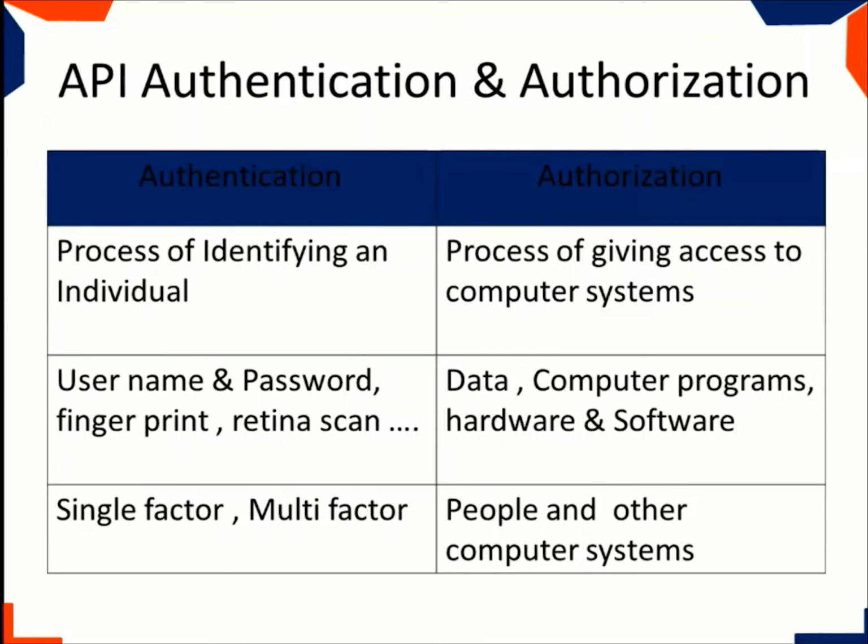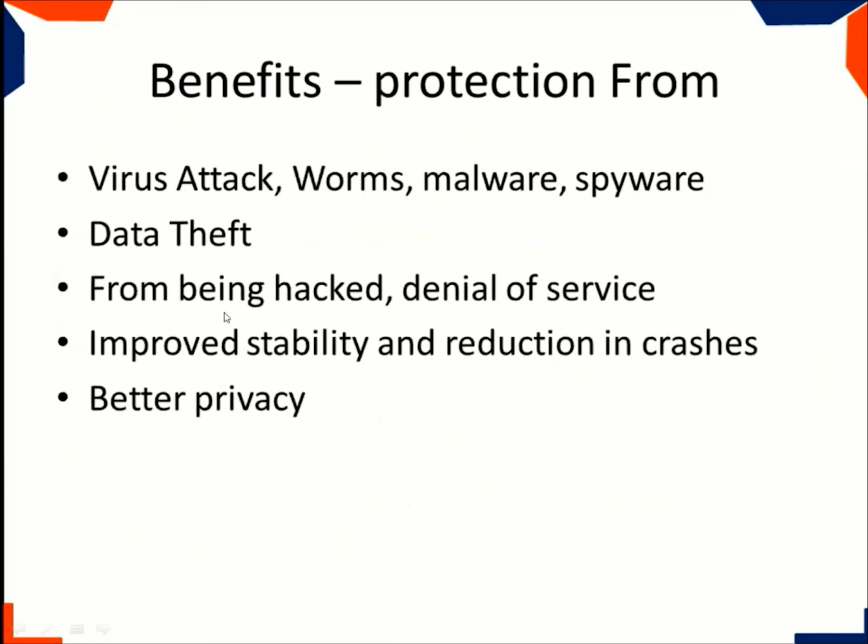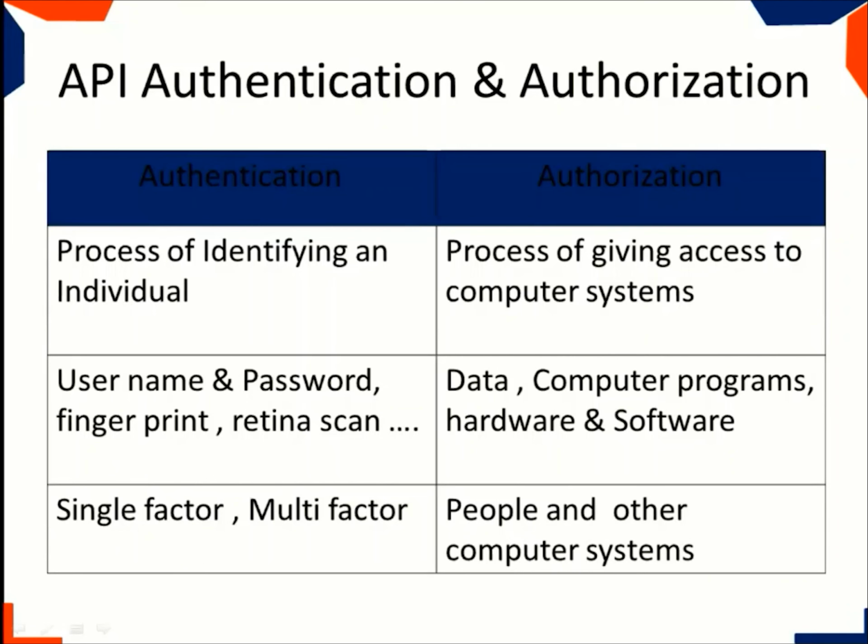Here there are two parts that you need to understand. One is the authentication part and one is the authorization part. When you're developing or pulling in data as a data scientist, you need to know both of them. Authentication is the process of identifying an individual. You will have the username, the password, the fingerprint.